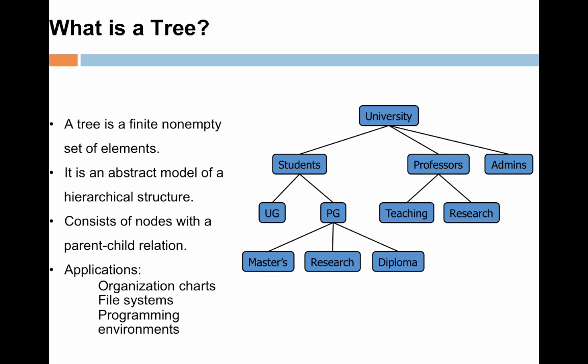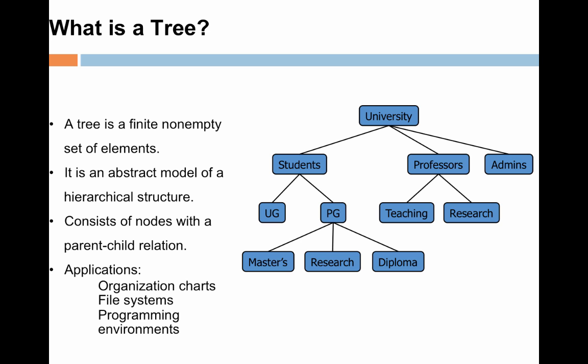So what is a tree? As far as a computer scientist is concerned, it's a finite non-empty set of elements. Right? So first of all, it's finite. There are some number of elements, definitely at least one element. It is a hierarchical object, so it's a model of a hierarchical object, and the elements are called nodes. That is the elements in a tree. If somebody asks you what are the elements in a tree, the answer is that these are nodes.